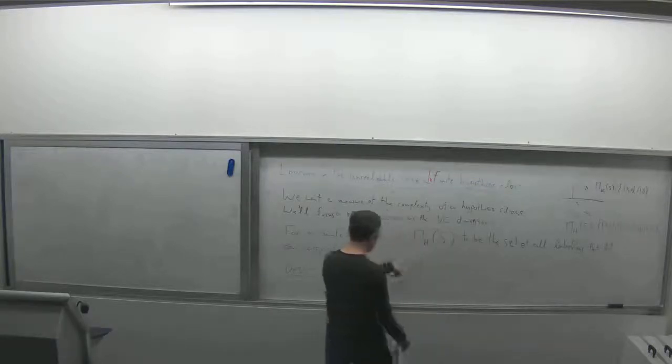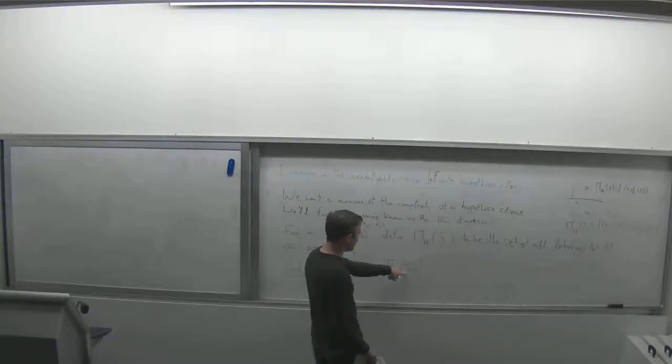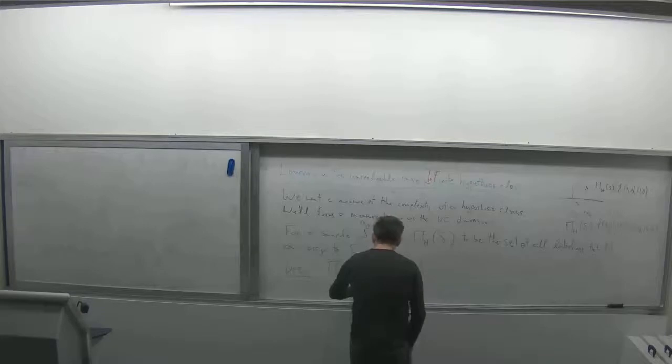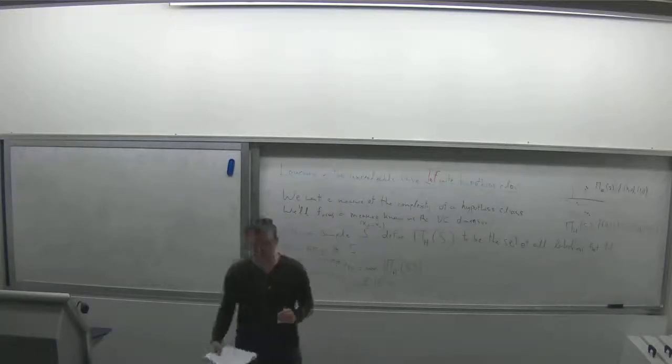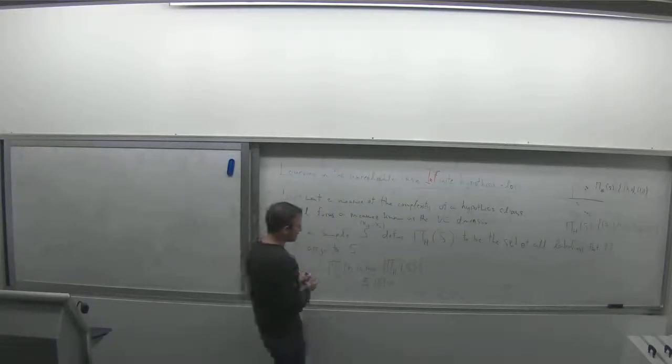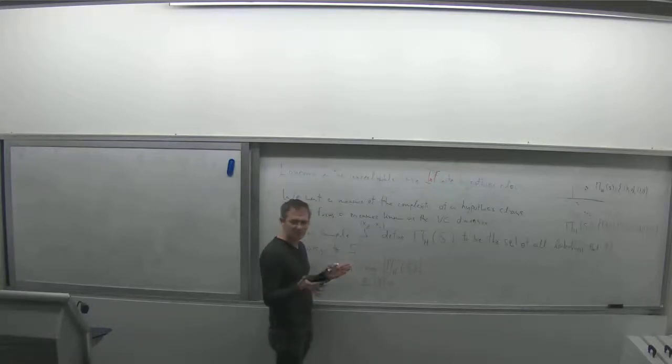So pi h s is the number of labelings for a sample s, and I want to maximize that over all possible samples of size n. So pi h n is the maximum number of labelings that you can assign to a sample of size n. Okay?